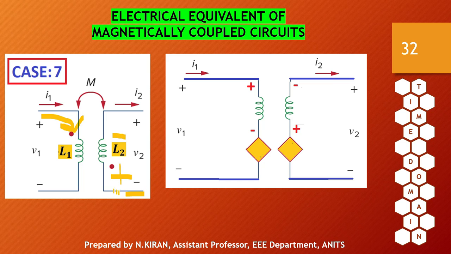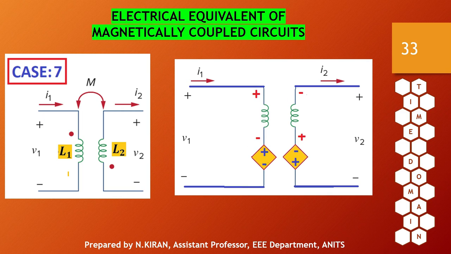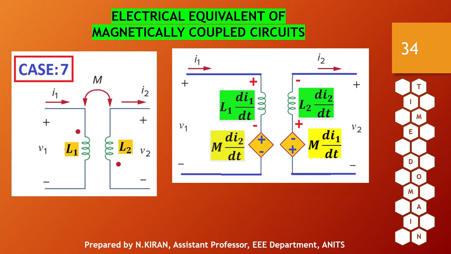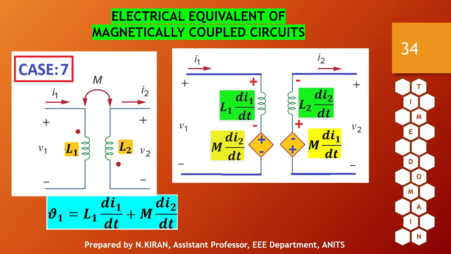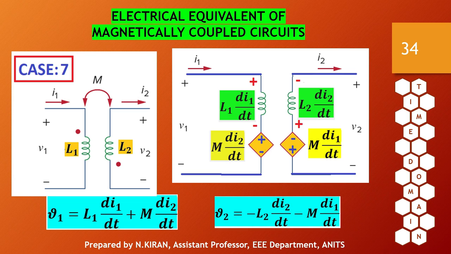Here current is entering at the dotted end, so I will get positive negative in the first coil. So the polarities of mutually induced EMF will be positive negative in the first coil and negative positive in the second coil. The expressions will remain the same for self-induced EMF as well as mutually induced EMF, and then applying KVL to both the loops, I'll get the following expressions.